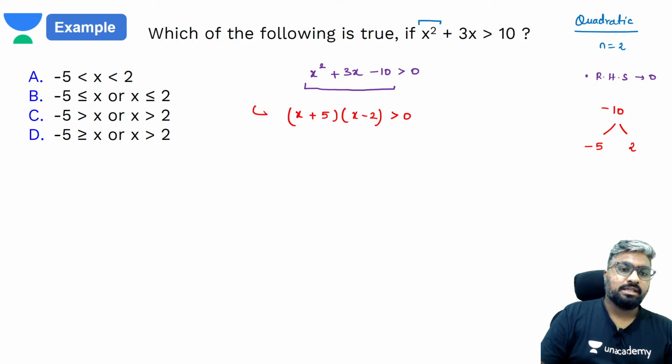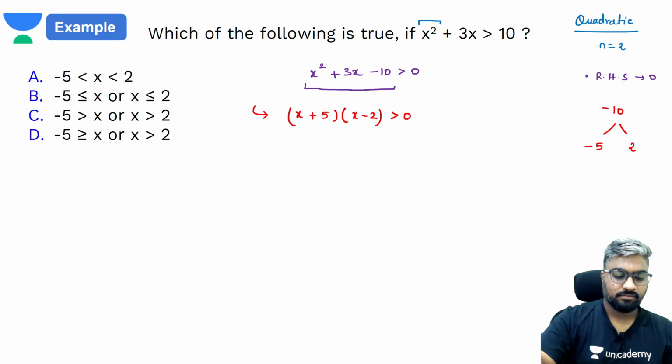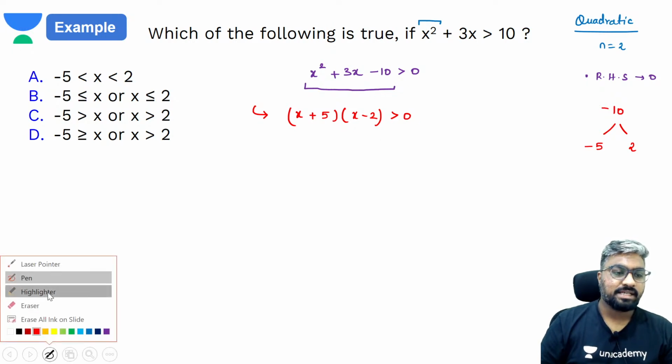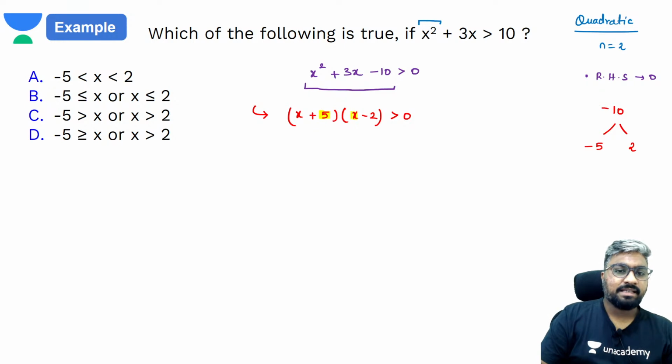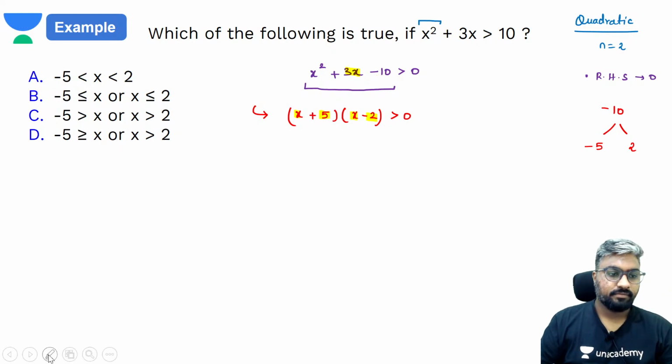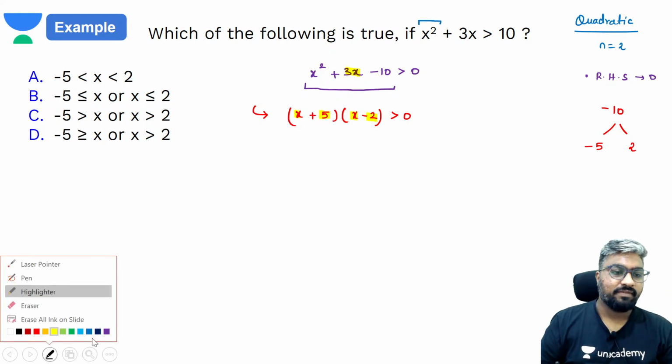Have you all understood this, guys? Yes or no? ये आपको समझ में आया? x plus 5 into x minus 2 is 0. चेक कर लो एक बार फटाफट से, क्या हो जाएगा? 5x minus 2x 3x, 5 into -2 -10. Clear?